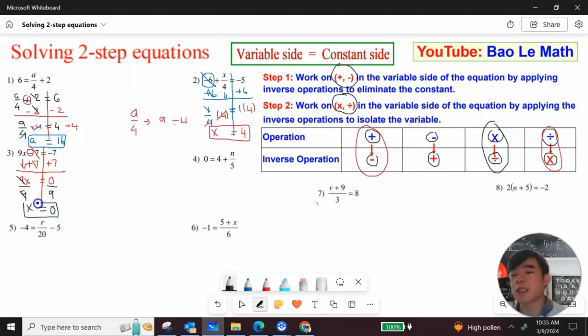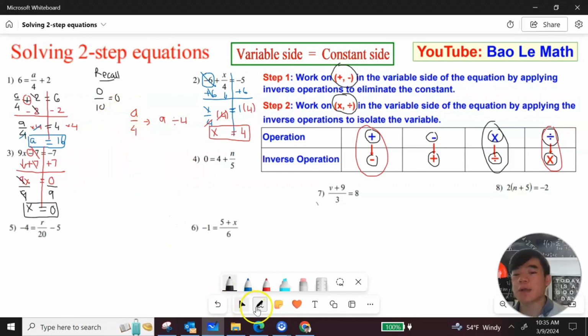Keep that in mind. Here's a recall: 0 divided by any number different from 0 equals 0. So 0 divided by 10, or something like that, equals 0.